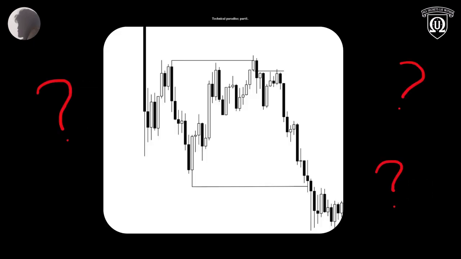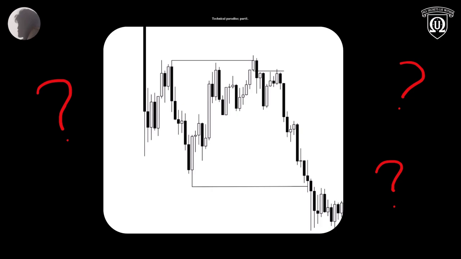Right? Now, the chart you see in front of you, you have marked on the left side a swing high, and then you have a swing low down there, and you have another line there, up, right.